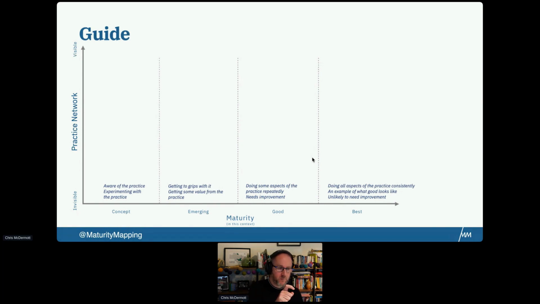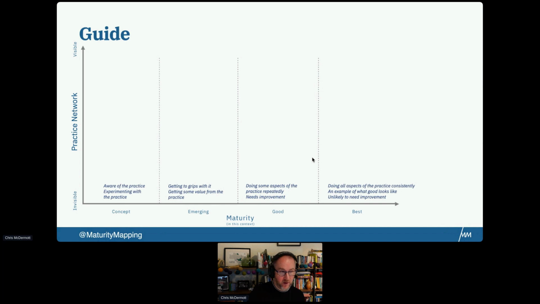And we've slightly adapted the guide, or we've contextualized the guide, so that on the X-axis, while the labels are the same, concept, emerging, good and better, amongst the selections of labels that we can put on a Wardley map, it's not just Genesis, custom, product, commodity. If you look at Simon's guides, depending on what you're mapping, there are various different key guides you can put in.